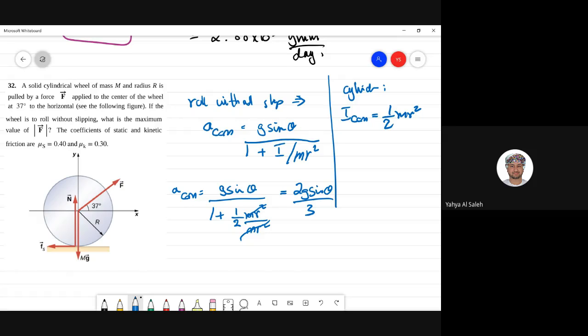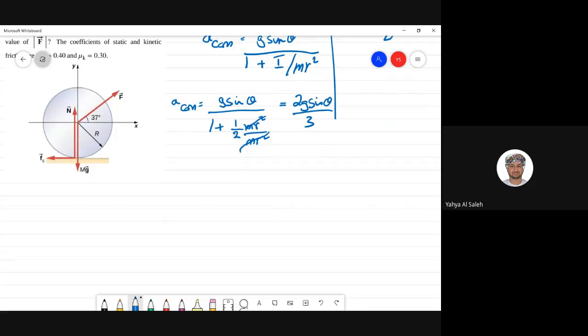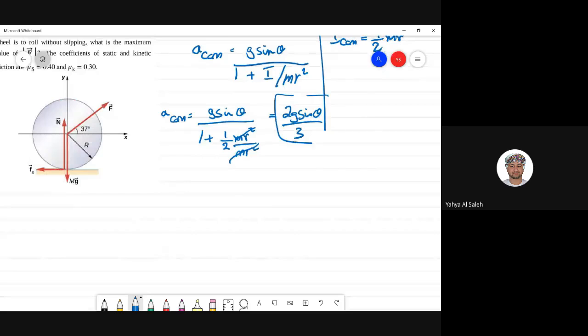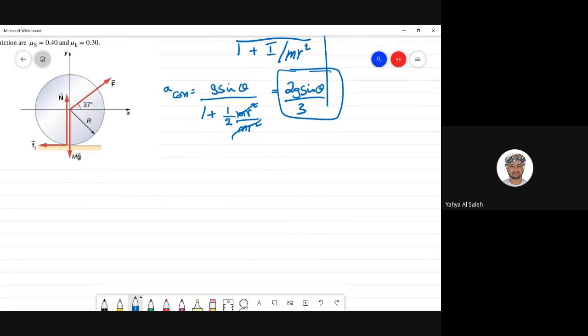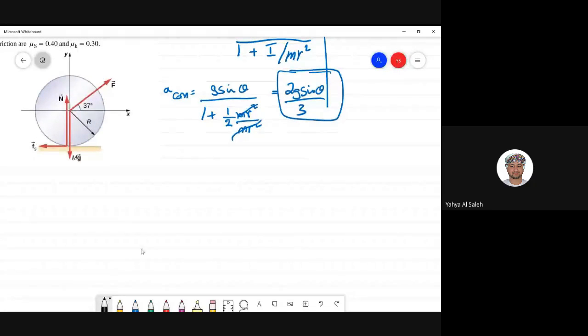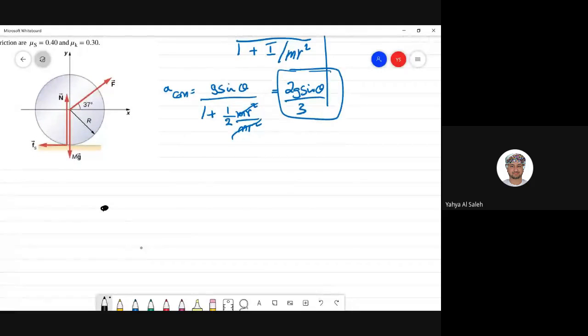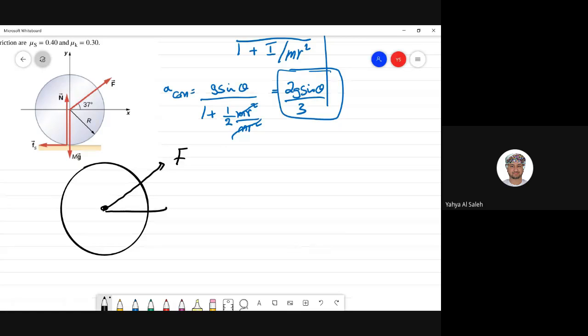Okay. Now let's draw a free body diagram. We have this result to work with. If this is my cylinder, this is my F. This is F cosine 37. This is F sine 37.